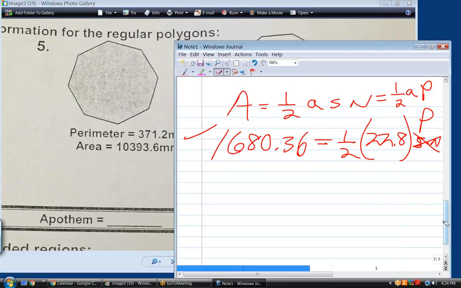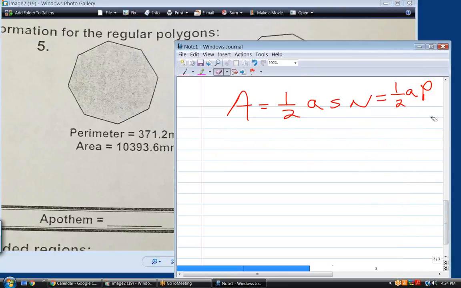Okay. I'm going to leave both general formulas up there because I noticed that one of the pieces of information they give us is the perimeter. They don't give us an S or an N. For number 5, they want us to solve for the apothem.